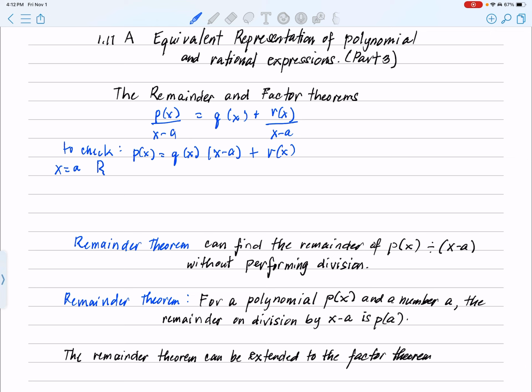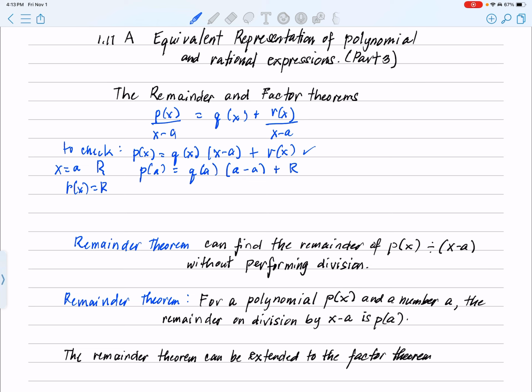If we substitute this into the equation right here, which is q of x times x minus a plus r of x, we have p of a equal to q of a times a minus a, so we replace x with a, plus r, we replace the r of x with r.